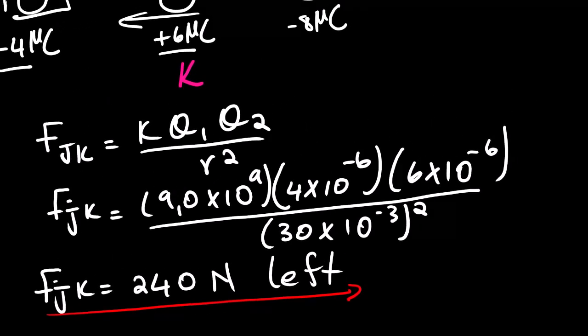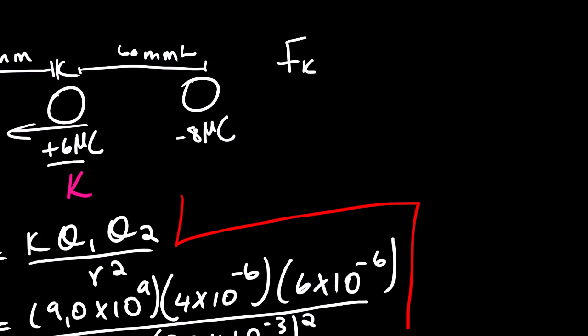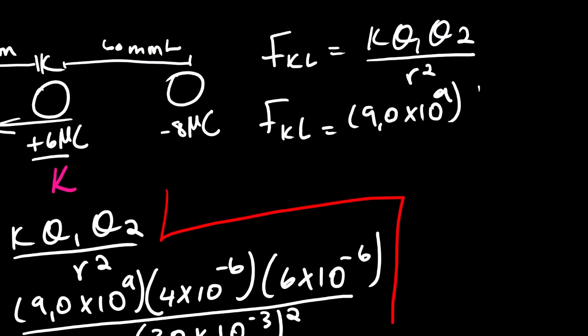We need to go ahead and calculate the electrostatic force between K and L. So the electrostatic force between K and L is equal to k Q1 Q2 over r squared. FKL is equal to 9.0 times 10 to the power 9. Then Q1, which is our K, is 6 times 10 to the power -6.